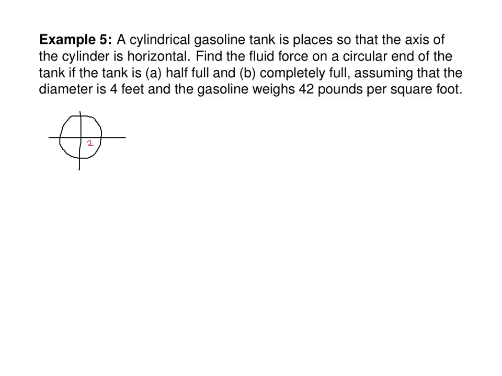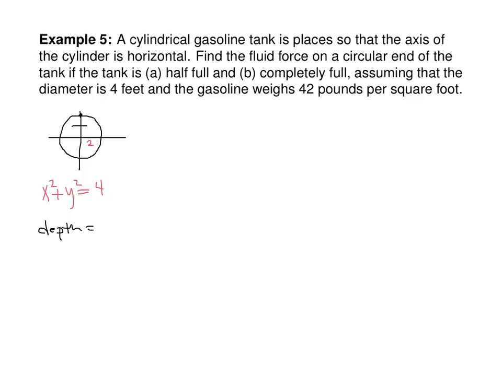So this is 2, and an equation for that circle is x squared plus y squared equals 4. Next, we need an equation for the depth. Now, when we plug in y equals 2, we need to get a depth of 0. When we plug in y equals 1, we should have a depth of 1.